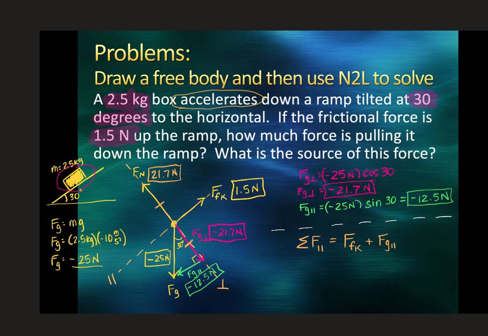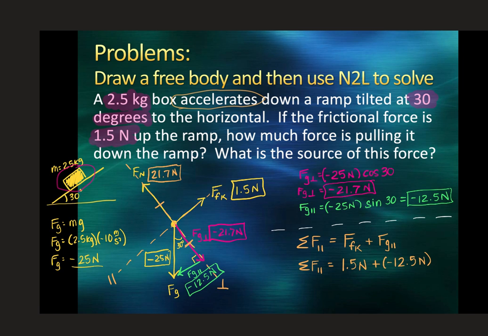And so if I want to know what is the total amount of force that's pulling it down the ramp, well, it's going to be the sum of force in the parallel direction. The friction force is 1.5 newtons plus the gravitational force parallel to the ramp, which is negative 12.5 newtons.